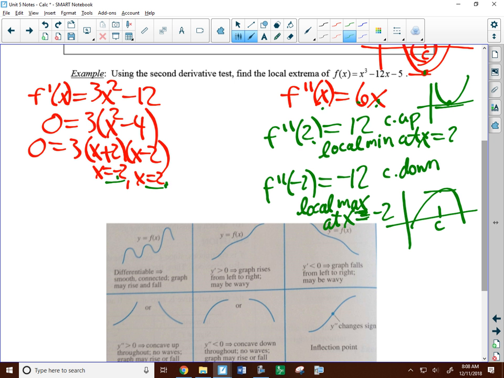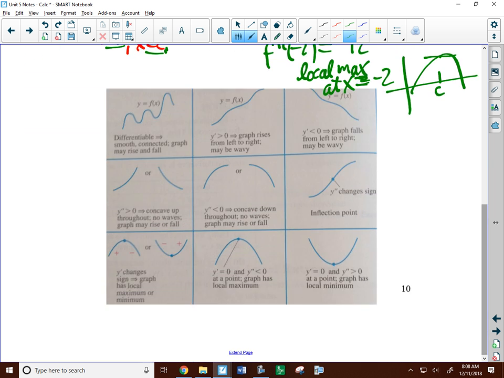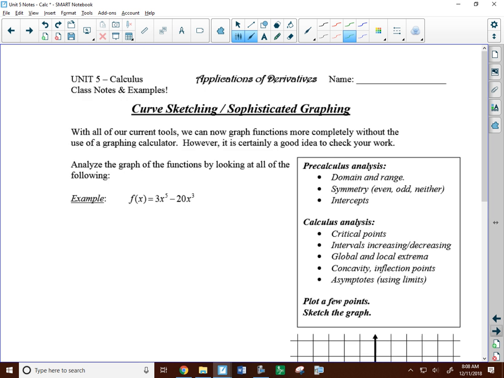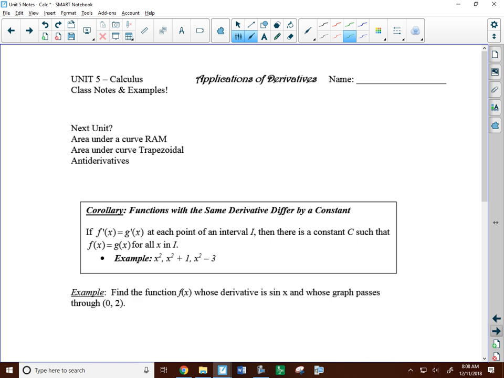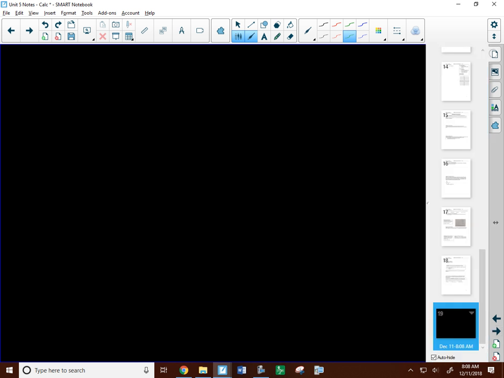You plug your critical point in and look at the concavity, concave up or down. Okay. There's a little summary. If you turn to page 11, there's a summary of all this. There's a summary example of all this.